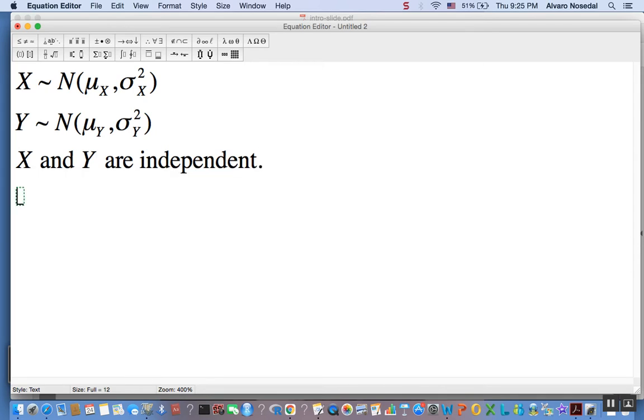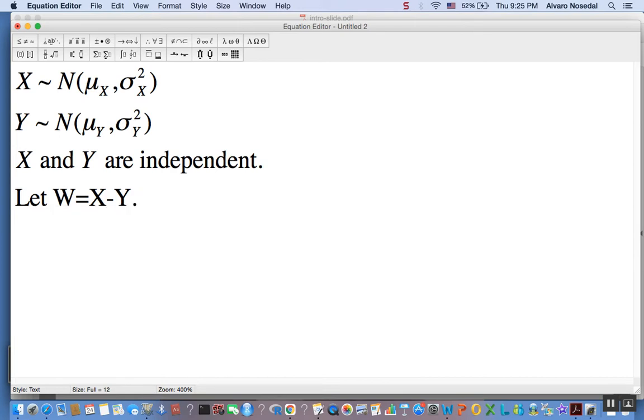And next, we're going to be defining a new random variable like this, W, the difference between X and Y.